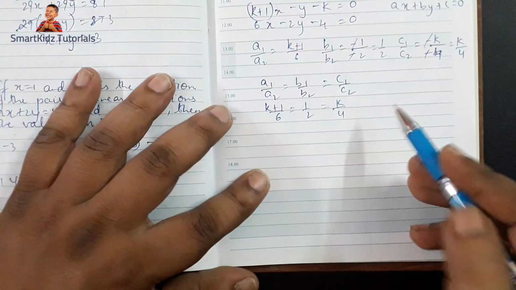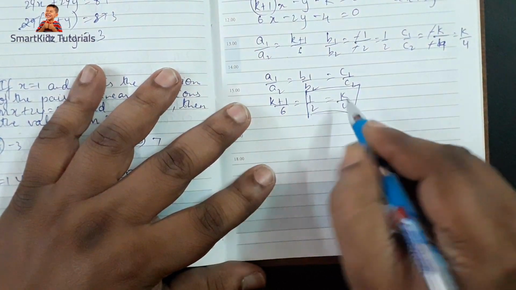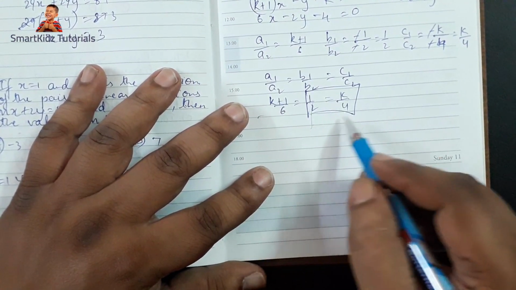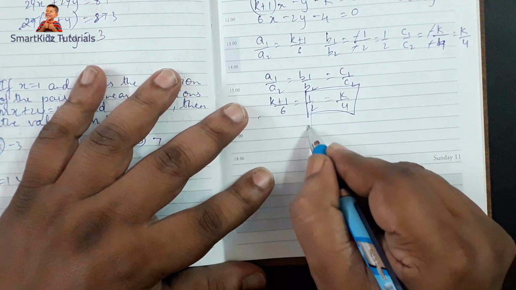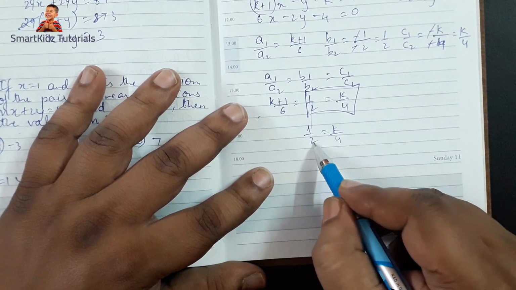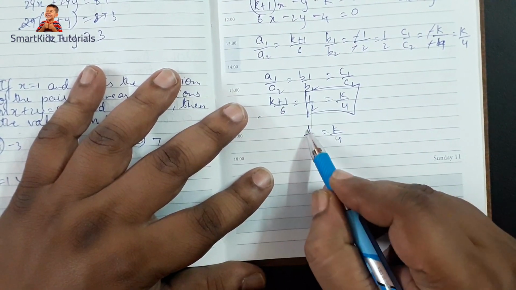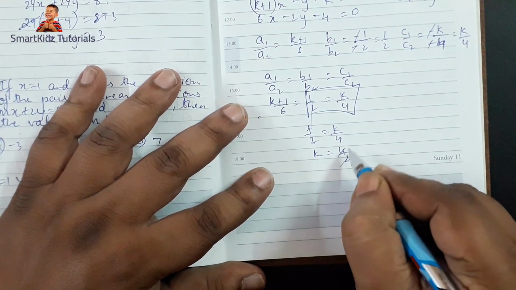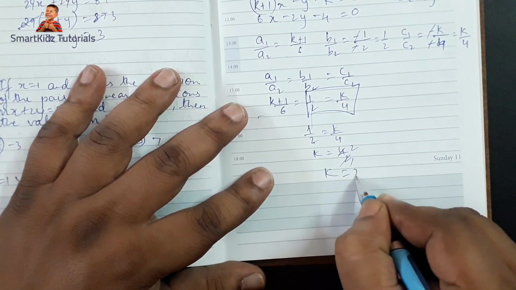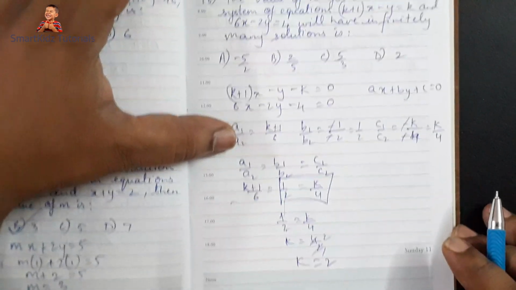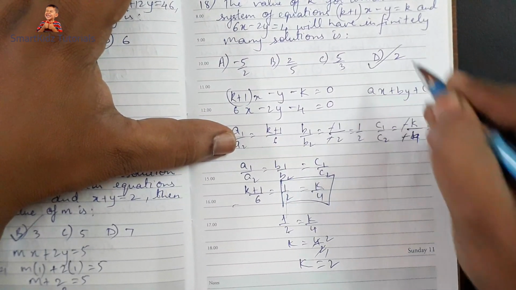So I'll just take this half. You can either take this half or you can take this half. I'm going to take this half because it looks easier. So half equal to k upon 4. Just cross multiply, or rather leave the 2 that way and cross multiply 4 into 1. We get k equal to 4 upon 2. 2 1s are 2, 2 2s are 4, which means k is equal to 2. In other words, our correct option is D.